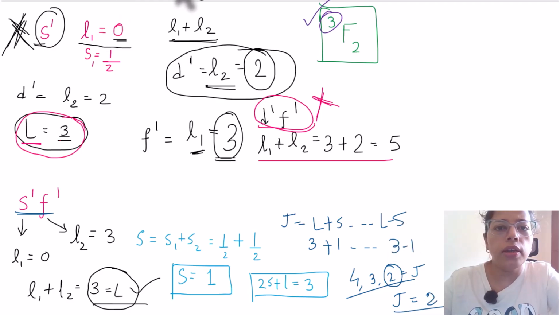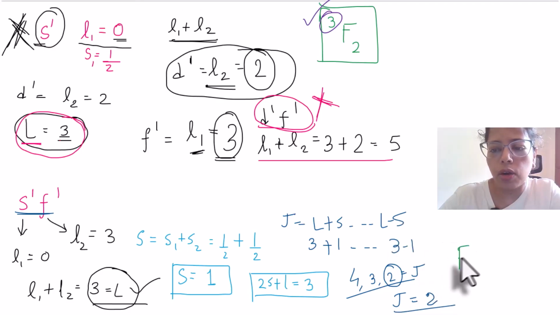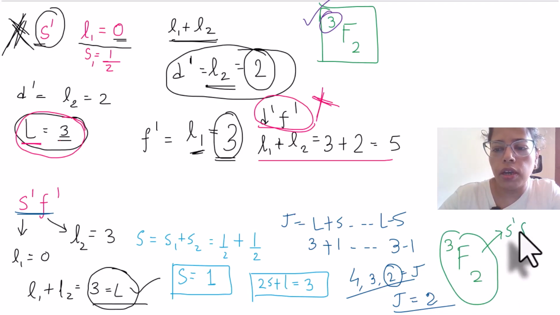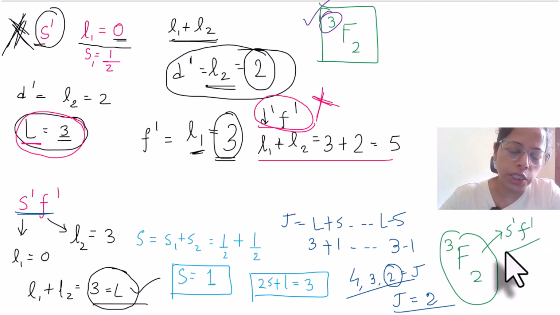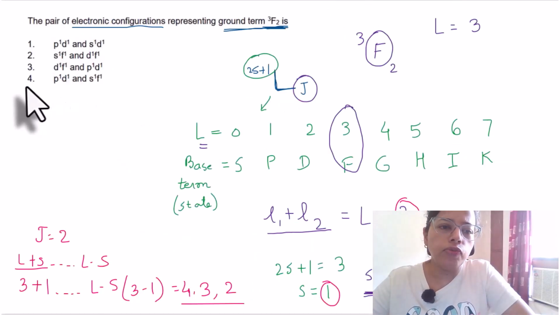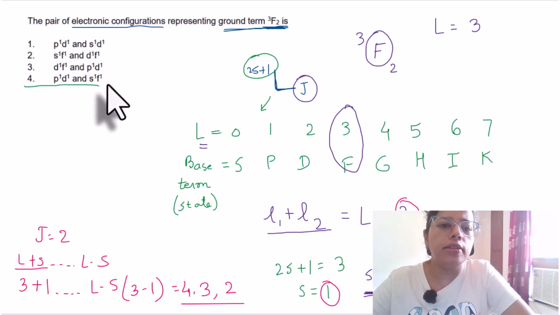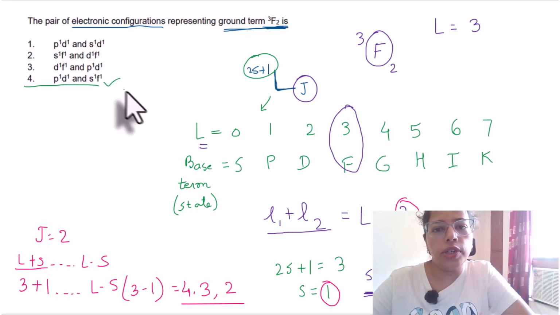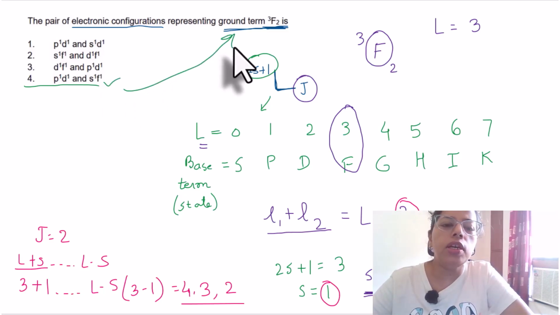So perfectly, we have the ground state term as 3F2 corresponding to the S1 F1 electronic configuration. Moving back to the question, we have the fourth option, P1 D1 and S1 F1, as the matching electronic configuration, which perfectly fits with the ground state term of 3F2.